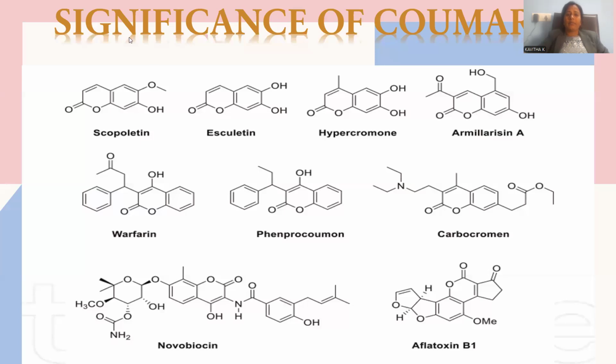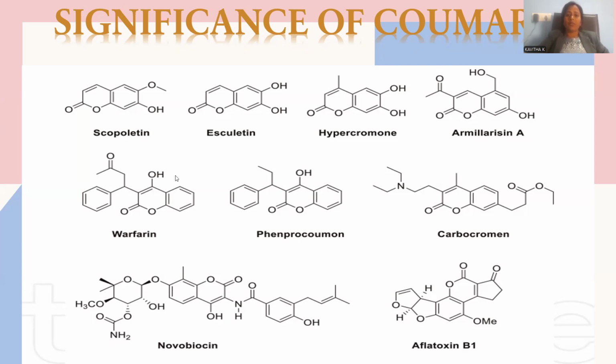Let me discuss the significance of coumarin molecules. So many coumarin scaffolds are present. So many coumarin compounds are synthesized in the laboratory. Researchers are able to synthesize many manifold coumarin scaffolds, derivatives, auxiliaries, and motifs in the laboratory, it being most vital in the field of curative agents.